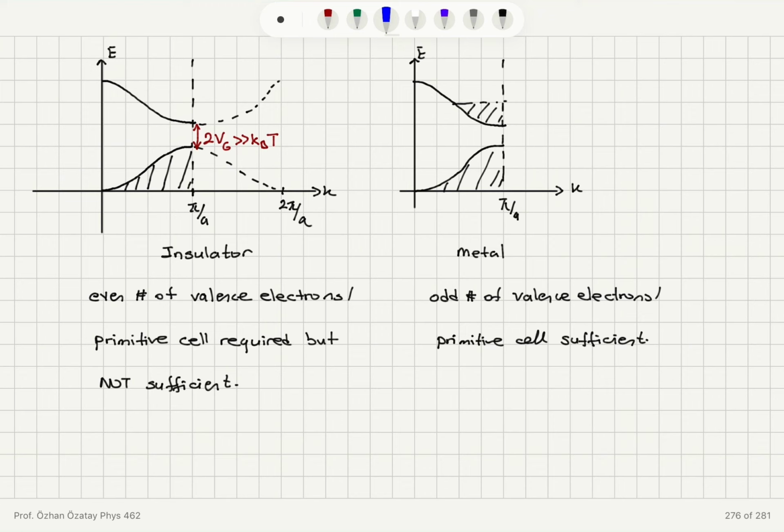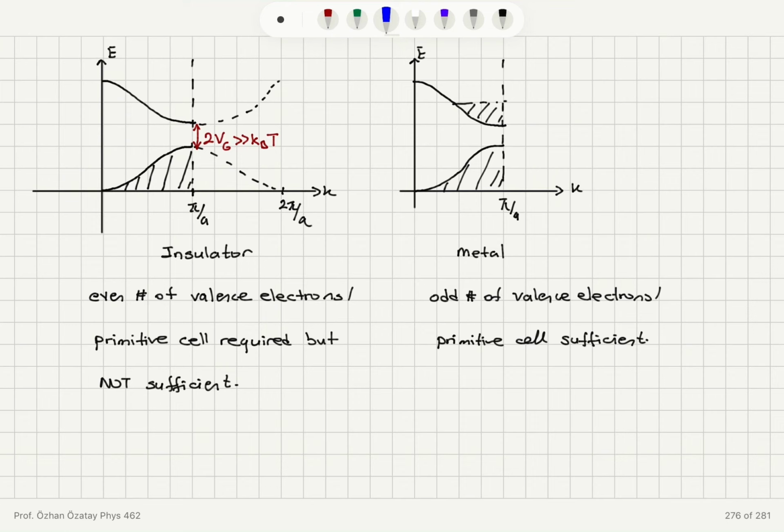If you look at the band minimum and band maximum at the first Brillouin zone boundary here, you can determine if it's going to be an insulator or semiconductor by looking at whether the band is completely full. So the condition is that we need to have a completely full valence band, and we should have a large enough band gap for the material to act as an insulator.